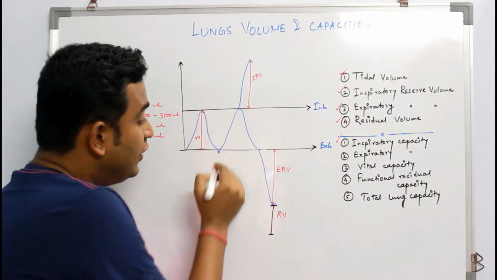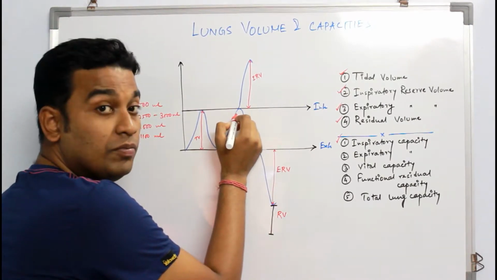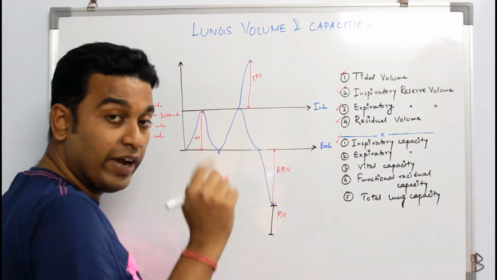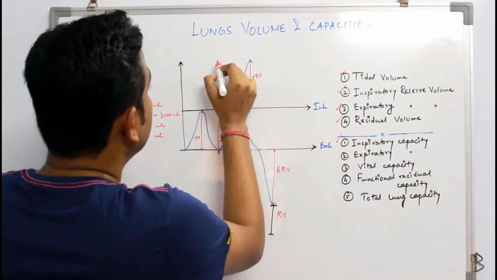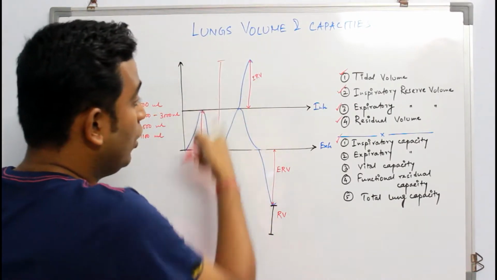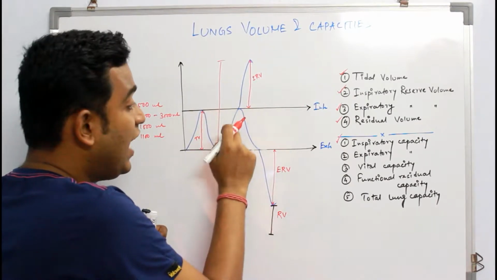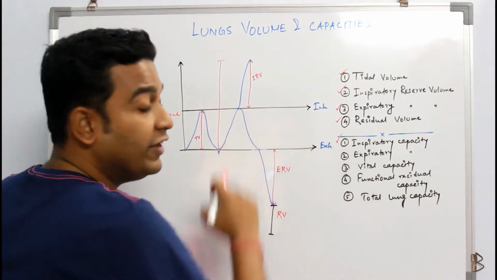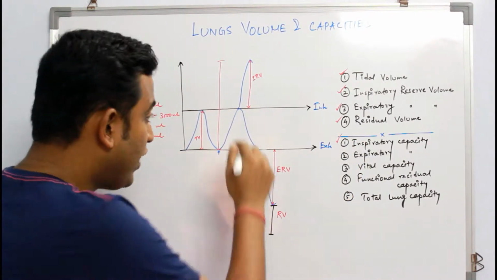That means you will be inhaling, covering the tidal volume, and you will be covering the IRV also. Right? So can I say whatever values you get here, the whole volume, which includes IRV and your TV, all together is what you call inspiratory capacity. I hope that makes sense.